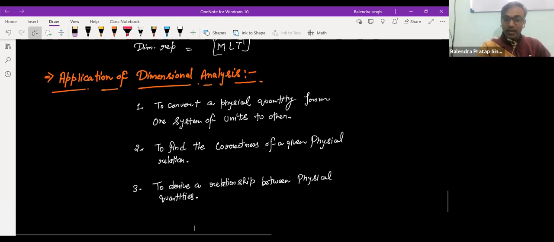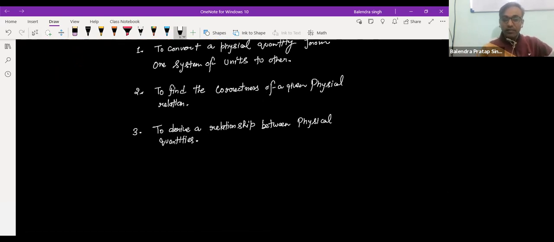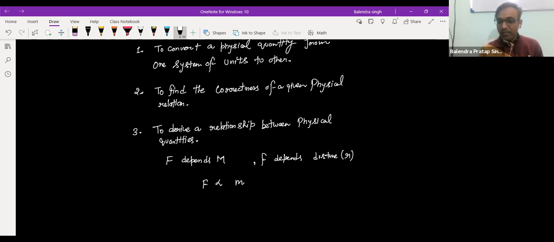Suppose force depends on mass m, and force also depends on distance r. But you don't know what the exact format of this force is. By the use of this dimensional method, you can find that F is proportional to m squared by r squared, something like this equation.